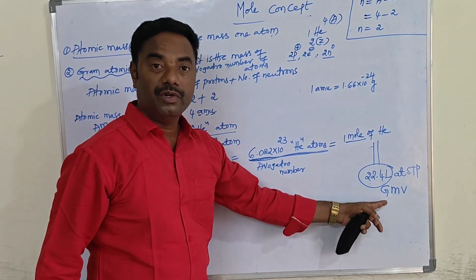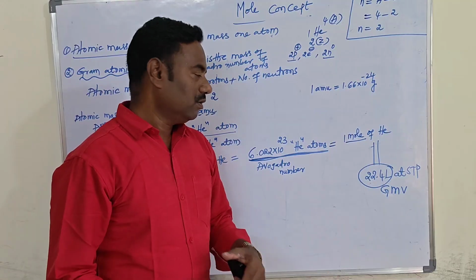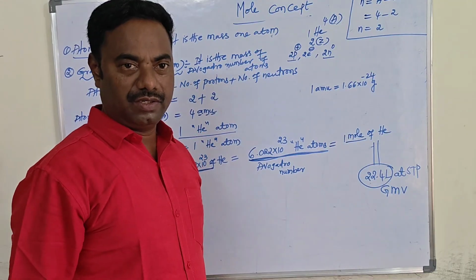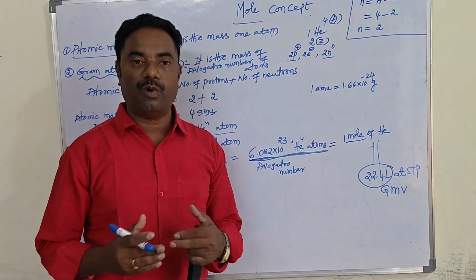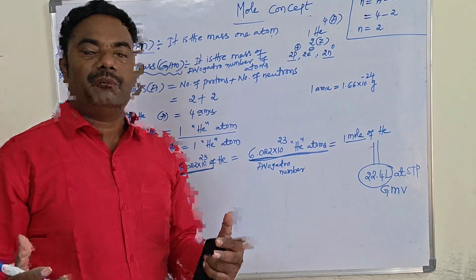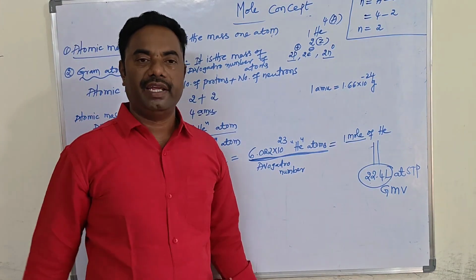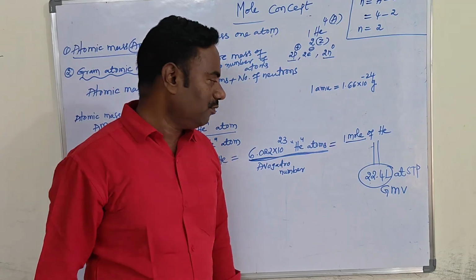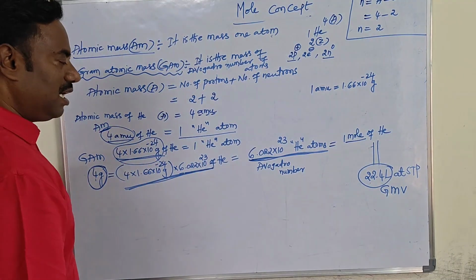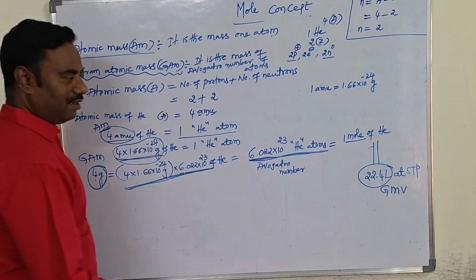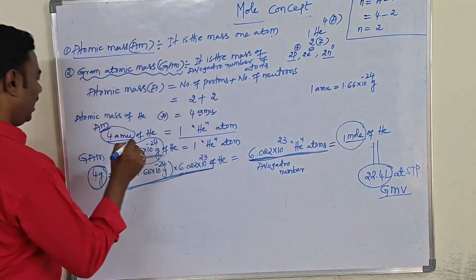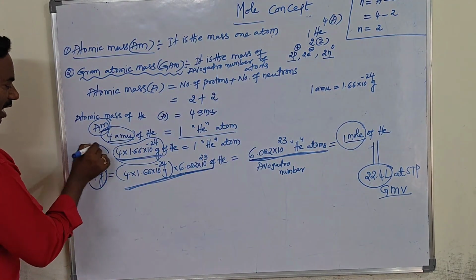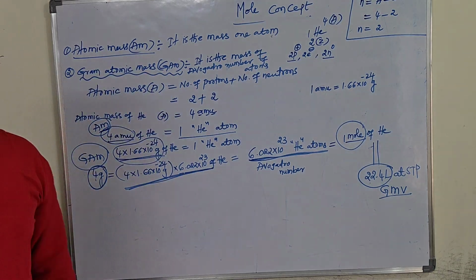It is the volume which is occupied by 1 mole of any gas. These are the definitions. Today I explained gram molar volume, mole, and atomic mass and gram atomic mass.